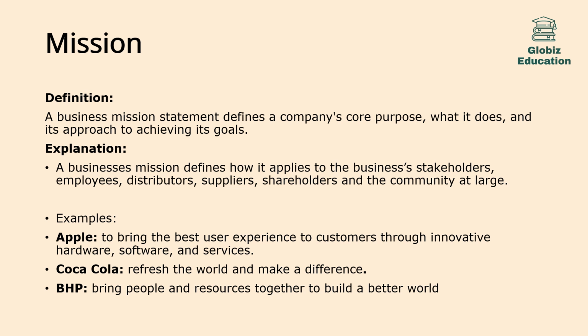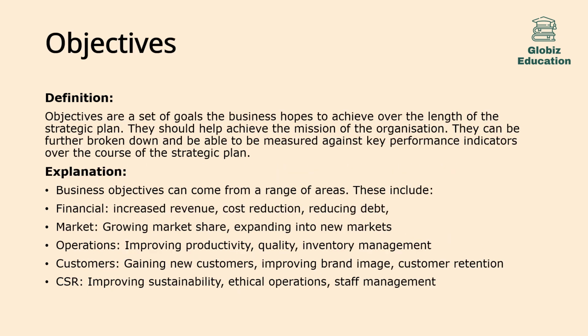I included some examples there because in the 2024 exam, and in previous exams, a question was asked for you to write a mission statement for a particular business. There have been other questions as well which have asked you to write a range of objectives. This is in the same section of the strategic plan.